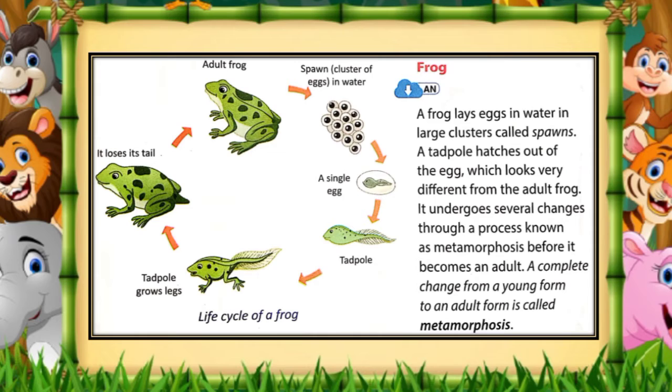the tadpoles live more like fish than adult frogs, since they have gills that allow them to breathe underwater, and they spend their days eating plants. Once the frog leaves the body of water, it is an adult frog.